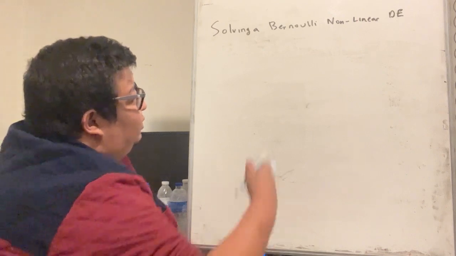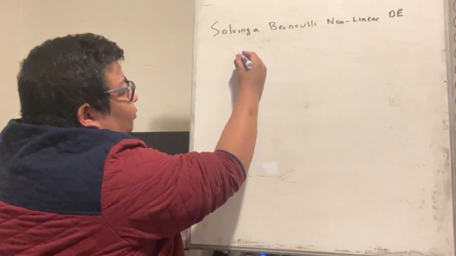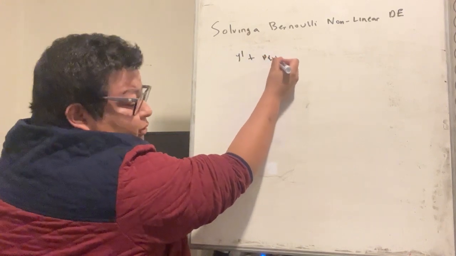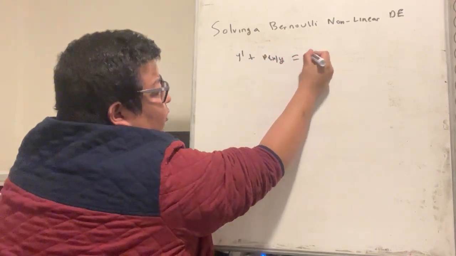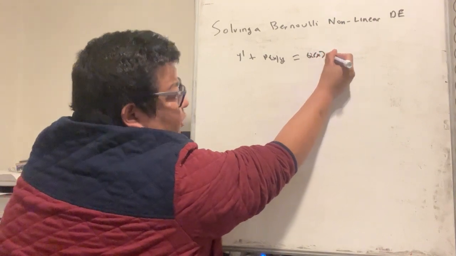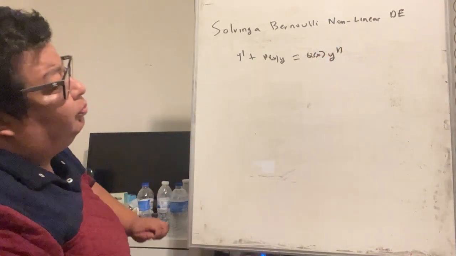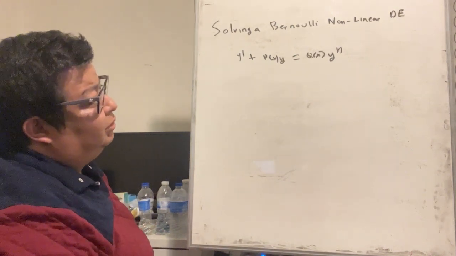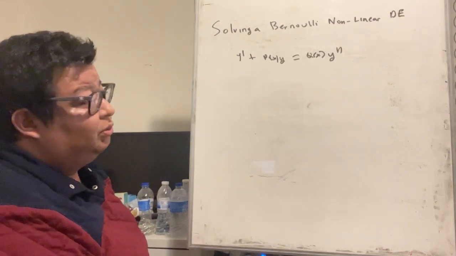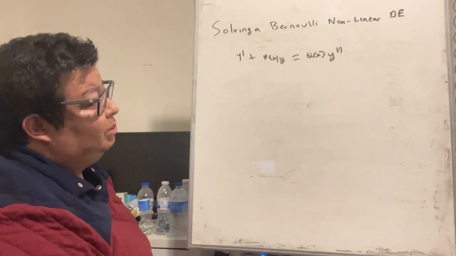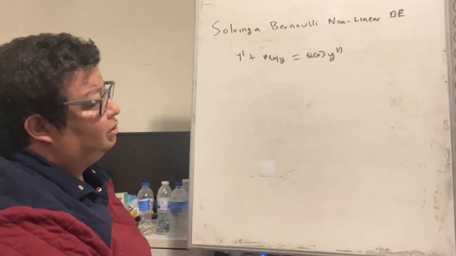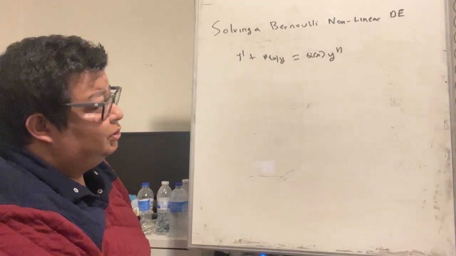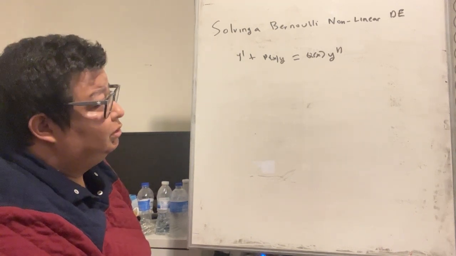A Bernoulli equation is of the form y prime plus p(x) y equals q(x) y^n. Notice that n tells me that if n is 2, or greater than 1, that means we have a nonlinear differential equation, first order nonlinear.